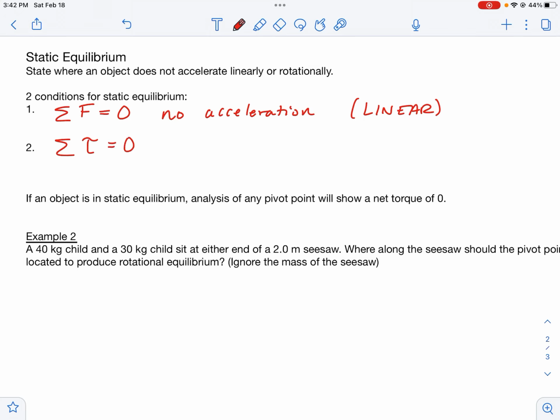When the sum of the torques is 0, we have no rotational acceleration. If an object is in static equilibrium, the analysis of any pivot point will show a net torque of 0.